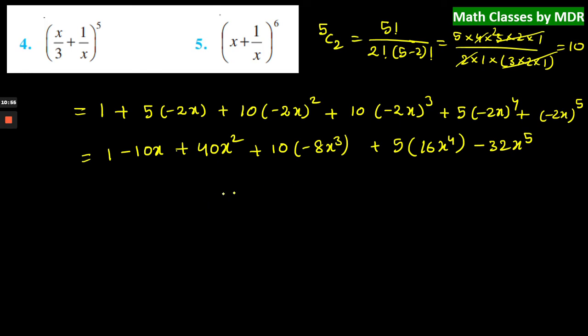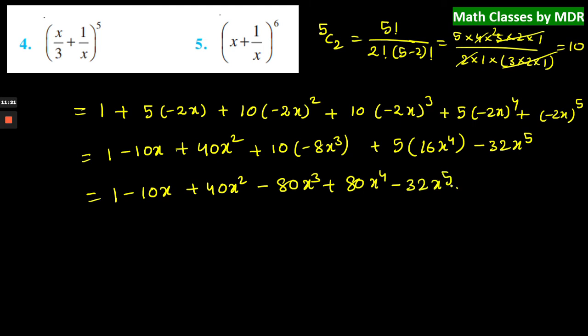So on simplifying it, you'll get 1 minus 10x plus 40x square minus 80x cube plus 80x power 4 minus 32x to the power 5 is the answer for the first question, right?